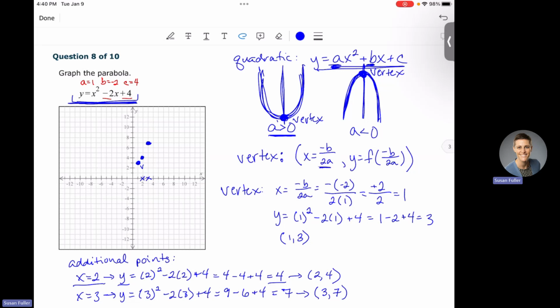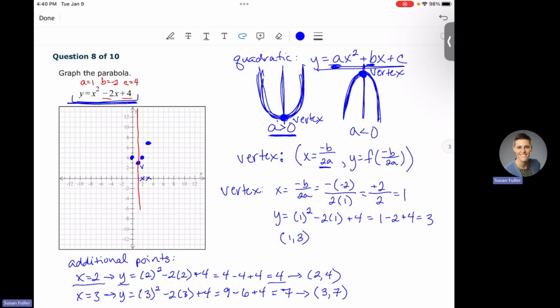Now, because this is symmetric, I'll put my axis of symmetry in here real quick. That's my axis of symmetry, which means on either side of this, since I have a point here, 1 unit on this side, I'm going to have a point here, 1 unit on that side. Right?